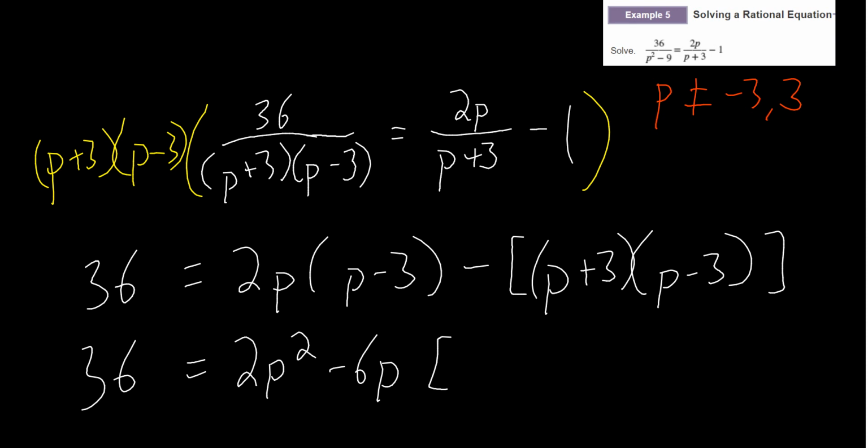We took p squared minus 9 and turned it into p plus 3, p minus 3. So that's p squared minus 9. This is going to be one we continue on the next page.